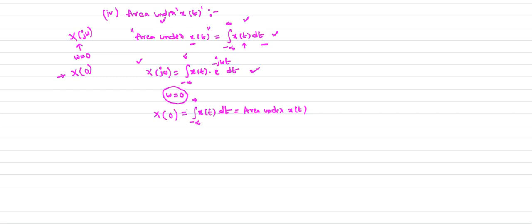So this is a very important property of Fourier transforms. I want to calculate the area under x of t using X of j omega. In the problem, if x of t is given and its Fourier transform X of j omega is also given, then we need to calculate the area under x of t.